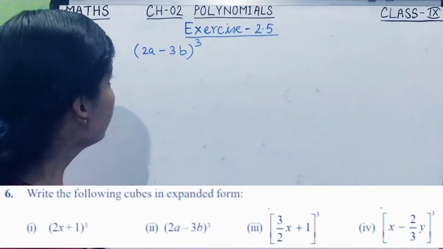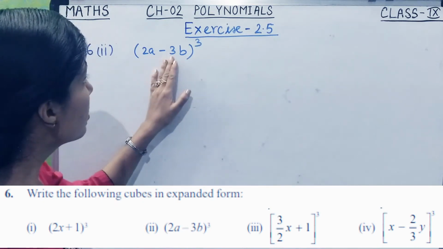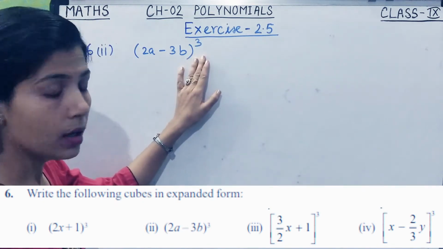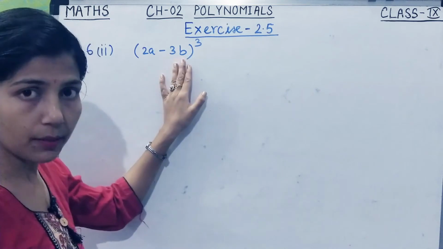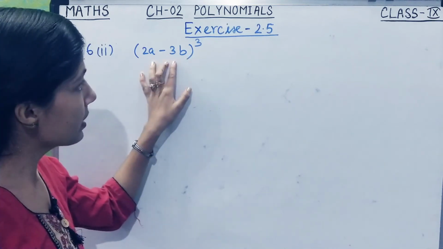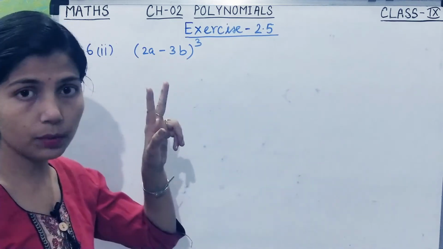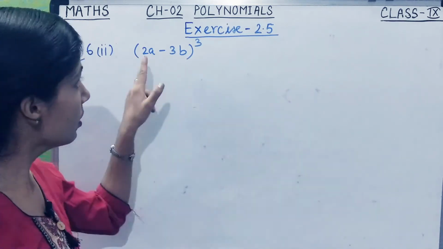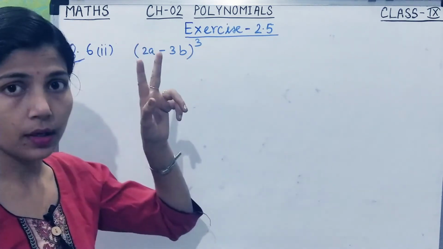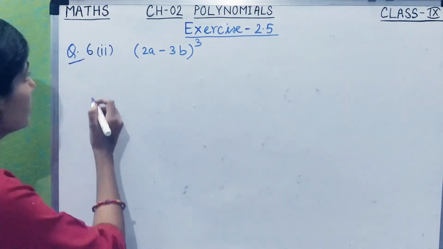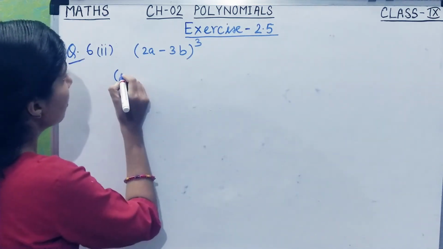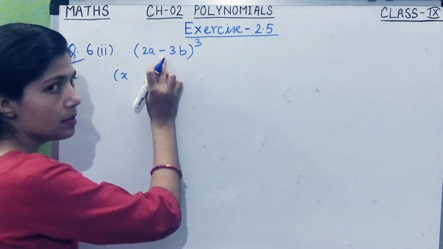Now come to the second part, that is (2a - 3b) whole cube. Here also we have to find the cube of the given expression. As we can see, there are two terms, 2a and minus 3b, so it is a binomial cube. There is an identity for this where the sign is minus.